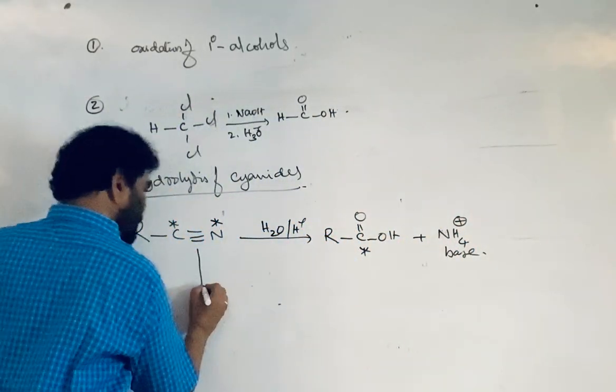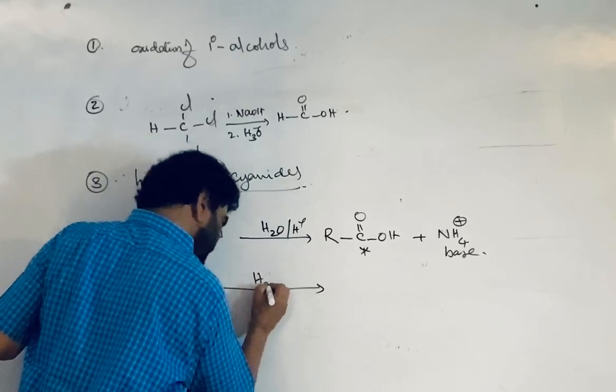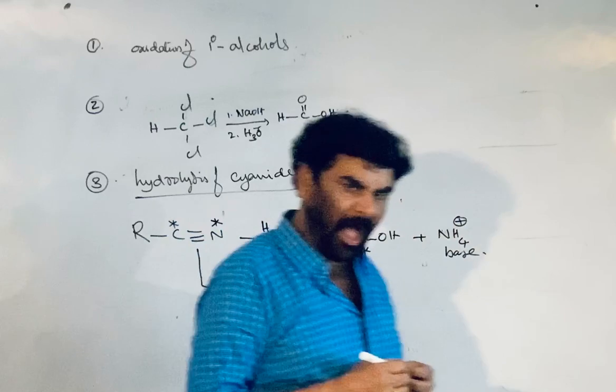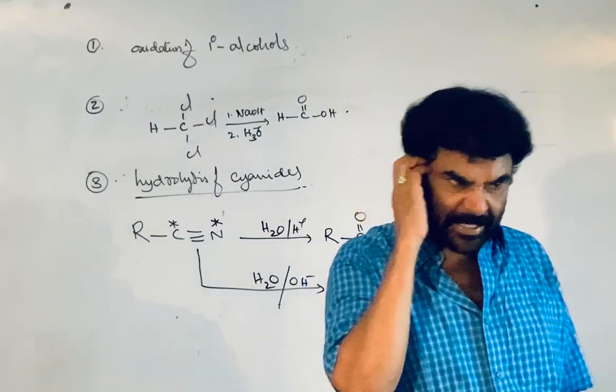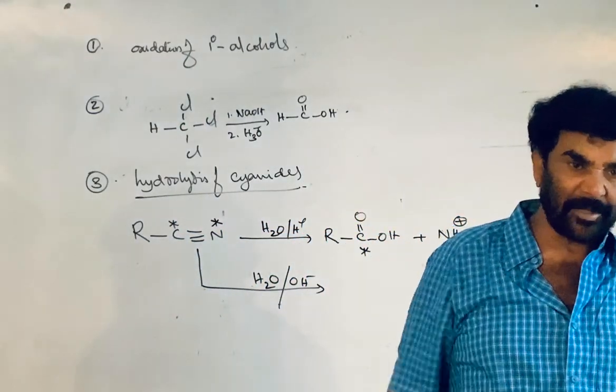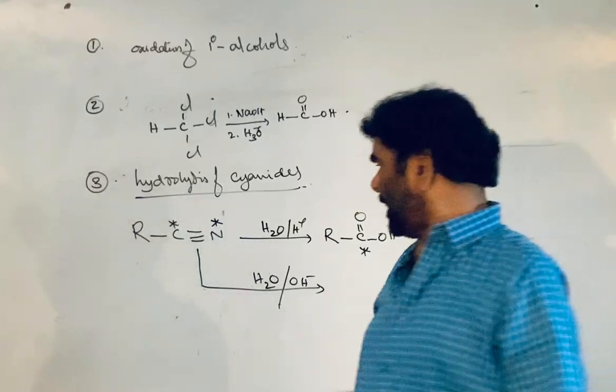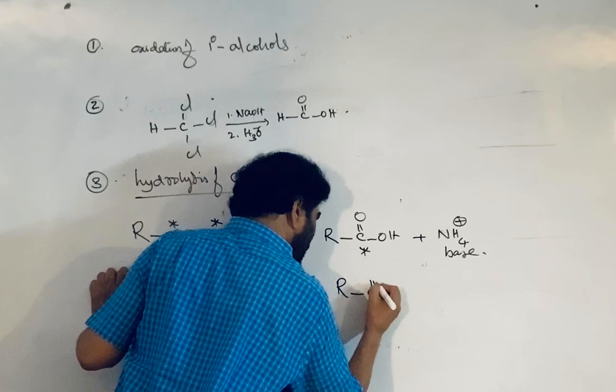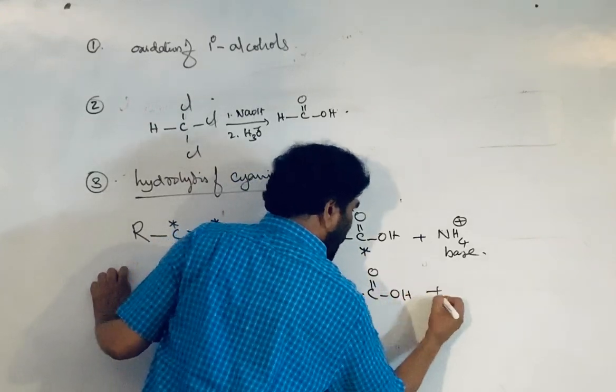But if you treat with water in the presence of base, since hydrolysis means you carry out the reaction either in acid medium or in base medium, then in base medium we expect RC(=O)OH plus ammonia.